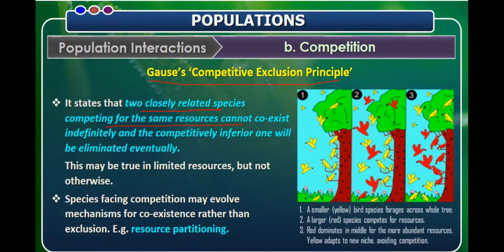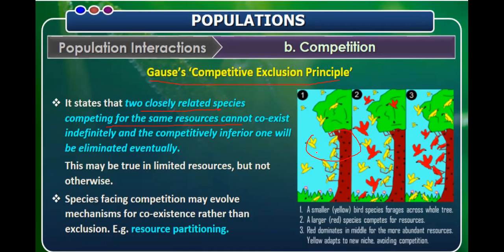So there are two species, they are competing. So here the most efficient will become what? Dominate. If two closely related species compete for same resources, they cannot coexist indefinitely, and the competitively inferior one will be eliminated eventually.